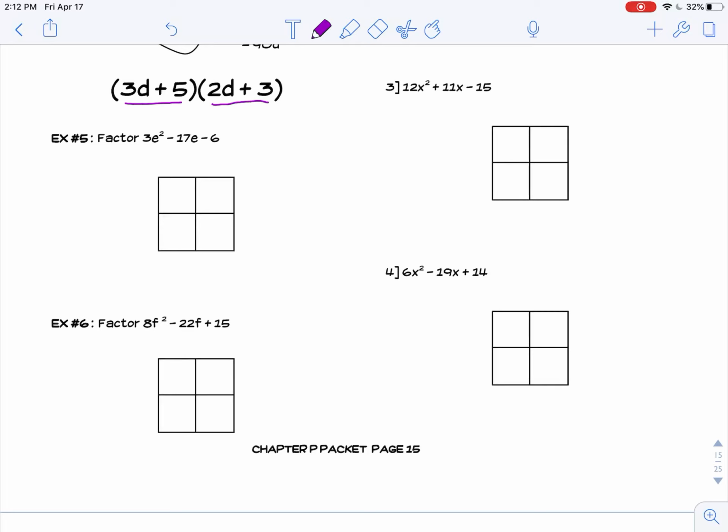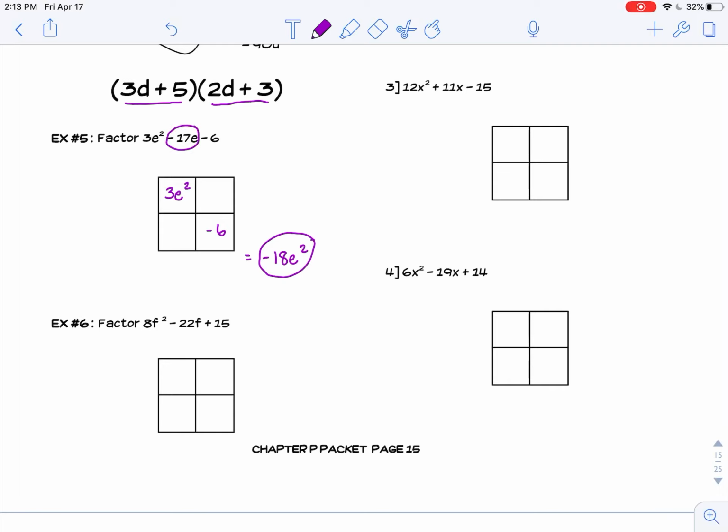3e squared minus 17e minus 6. First step was to put the first term in the upper left, third term in the bottom right. Second step, multiply. Now, third step.